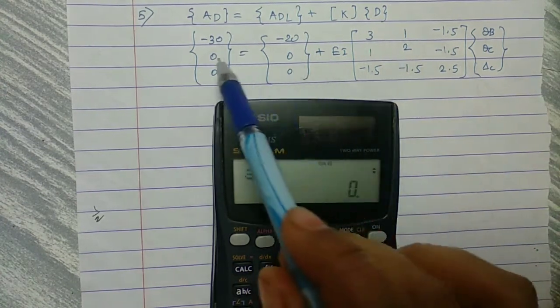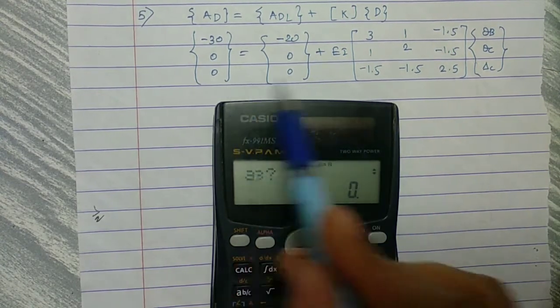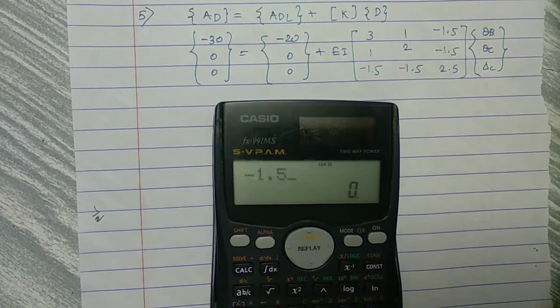Now the second equation: coefficients 1, 2, minus 1.5 and constant 0. Third equation: minus 1.5, minus 1.5, 2.5, 0.